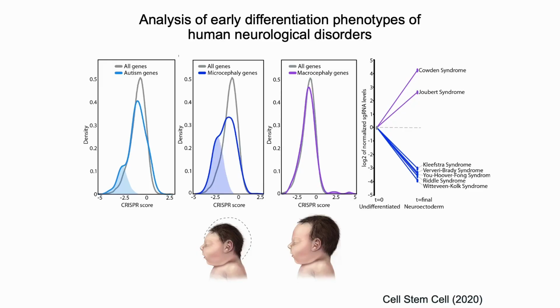So we looked at all neurological disorders, and with microcephaly, where we know which genes are involved, we could see that in about 25% of microcephaly, we see an effect in very early neurons or even neural progenitor cells. So you don't have to go all the way into neurons or brain organoids to see this effect.